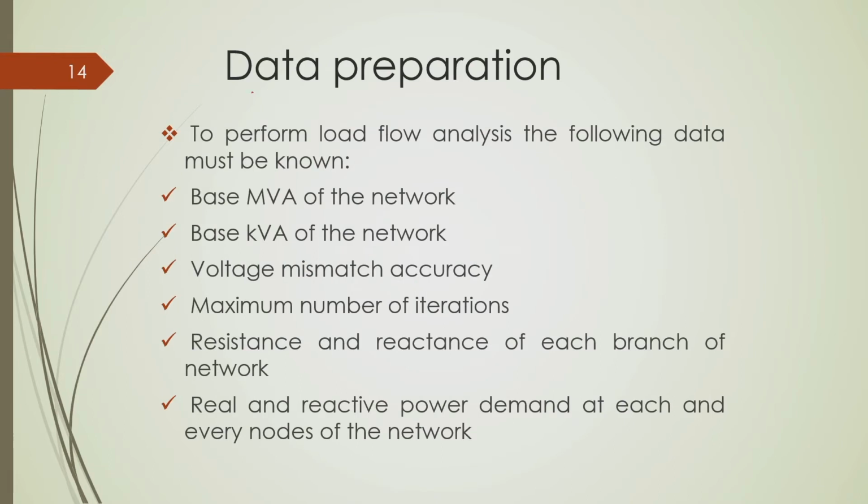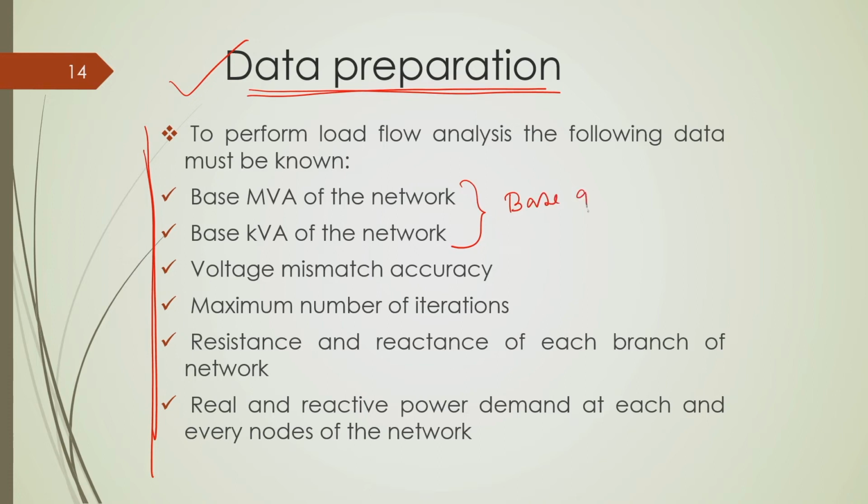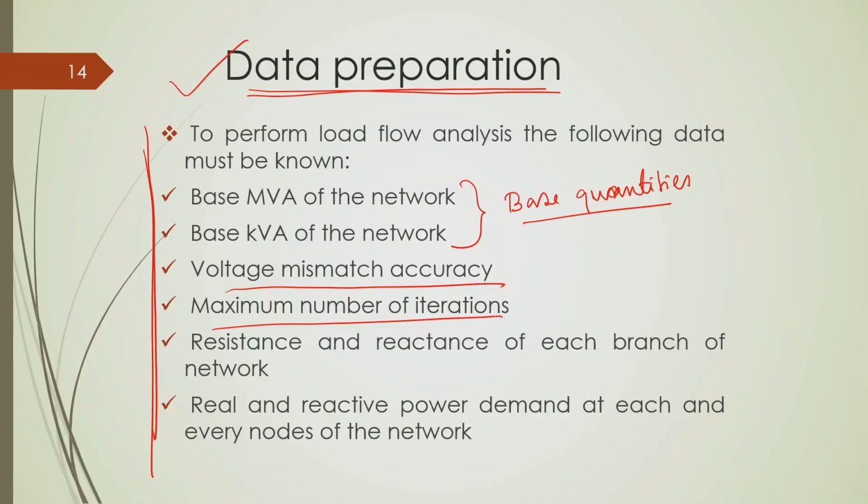Now, this is the first step, as I said: we have to prepare the data file, and these are the quantities we require to create it. Already I mentioned we need to specify these base quantities, that is base values and base kVA or base MVA. We also need to specify the minimum voltage error or accuracy value, and the maximum number of iterations.